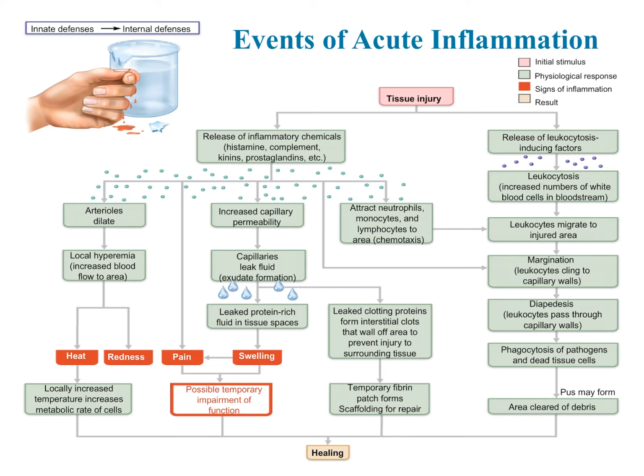What I first want you to notice is that ultimately inflammation is really going to be mediated or promoted by the release of many of these small inflammation promoting chemicals, and these collectively as a group are referred to as cytokines.